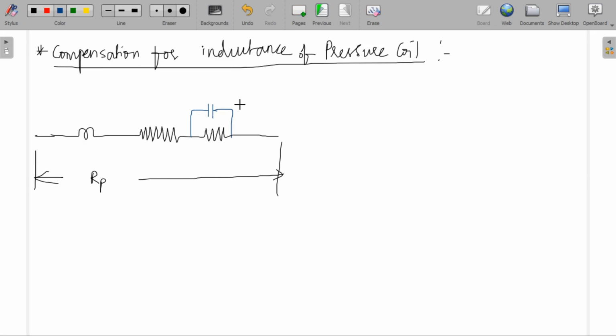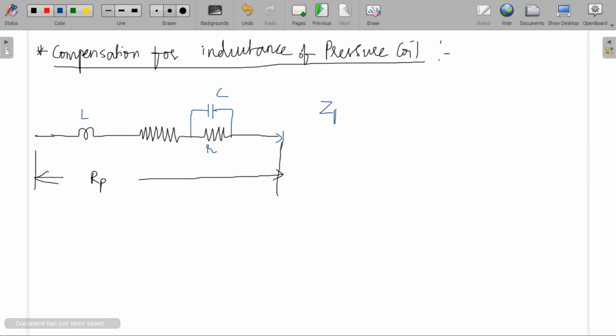We place a capacitance. Let R be the resistance of some portion of the series resistor, and L the inductance of the pressure coil. Now let us find the total impedance of the circuit.